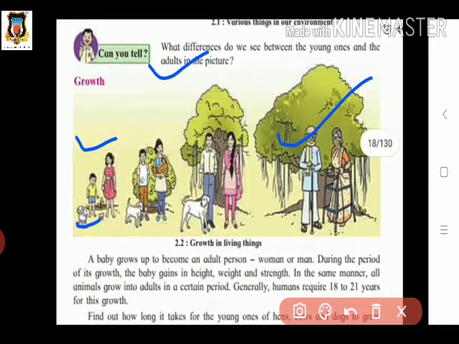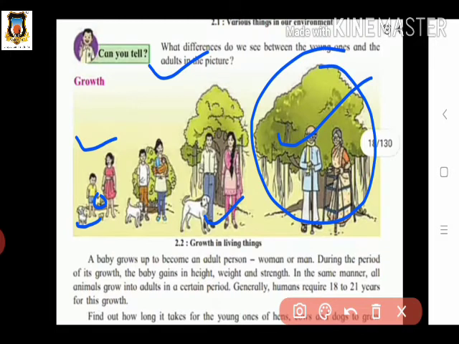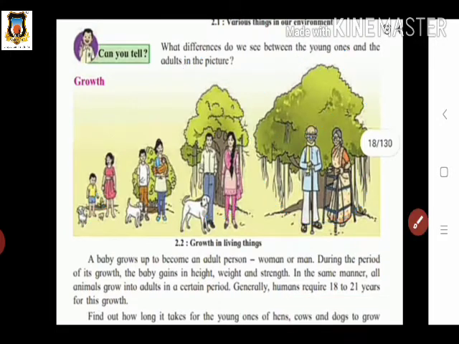After certain growth, there is an old dog, which is an adult. Also we see a small plant here, a small plantlet, which then becomes a big tree. Here we should observe the differences between these young ones and adult ones.